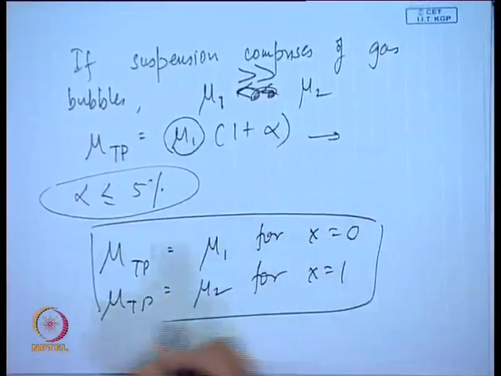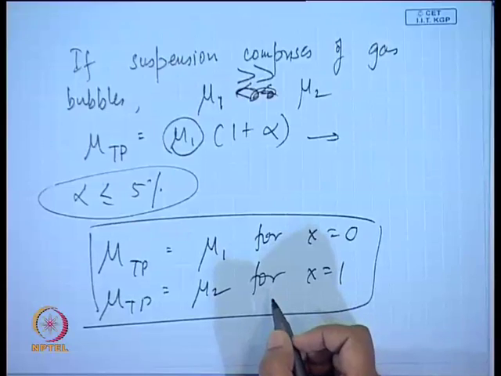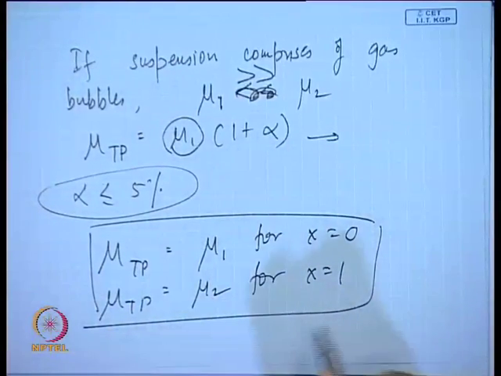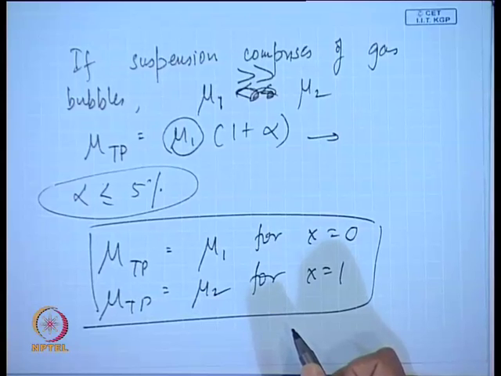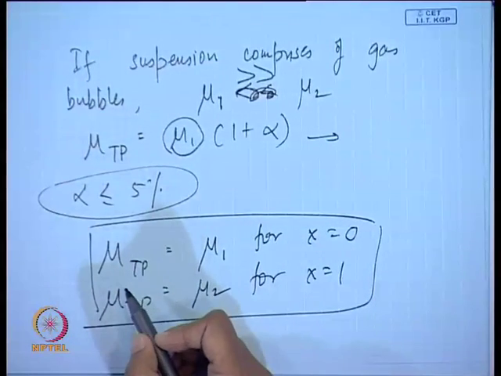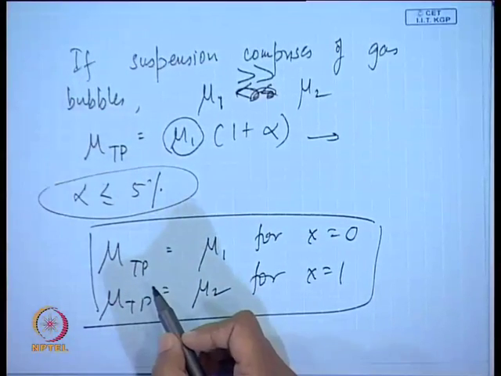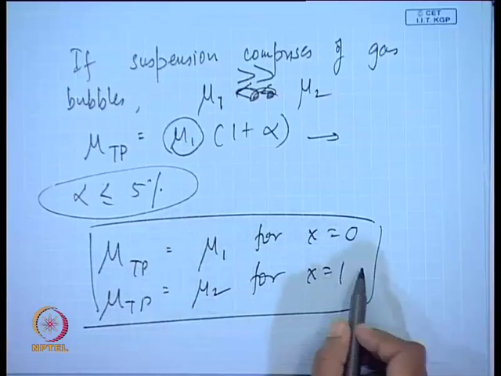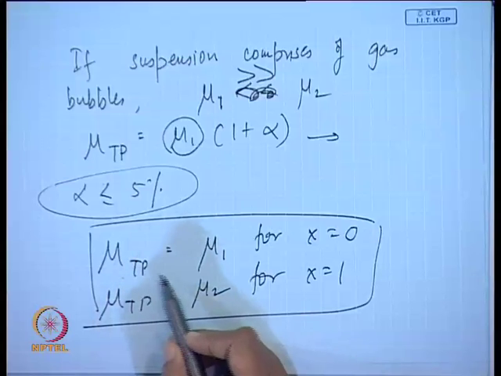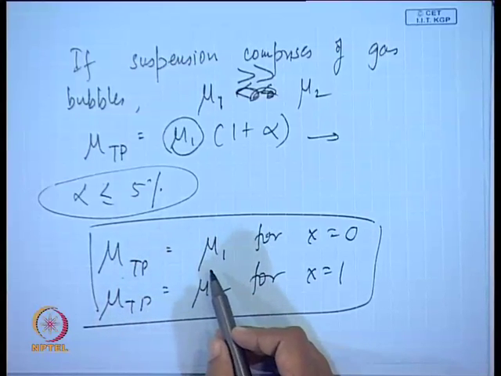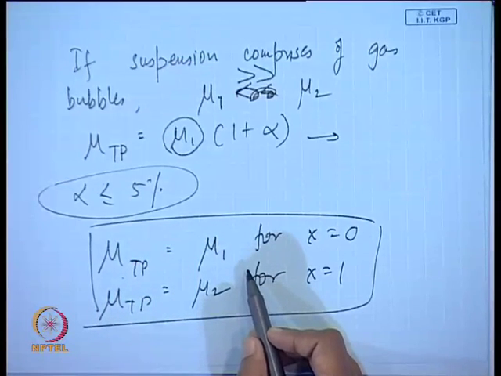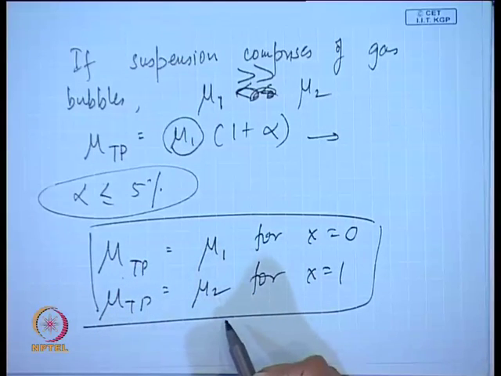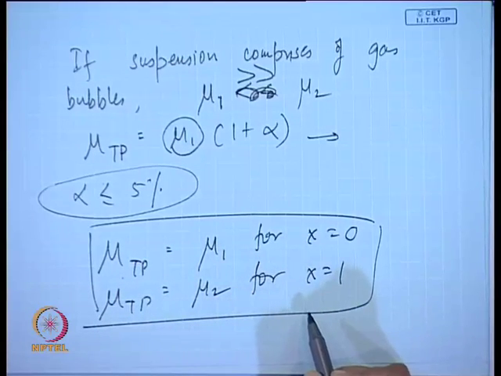Just because these two conditions were not applicable, we had to shift from FLO, FGO to FTP, is it not? So whenever we use any rheological model, it must conform to the limiting conditions, where mu TP, the two phase viscosity, reduces to the liquid viscosity for no gas or vapor flow, and reduces to the gas viscosity for only gas or vapor flow.